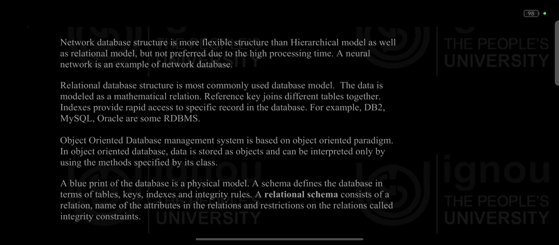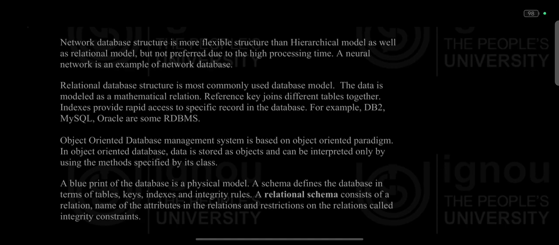In object-oriented database, data is stored as objects and can be interpreted only by using the method specified by its class. A blueprint of the database is a physical model. A schema defines the database in terms of tables, keys, indexes, and integrity rules.